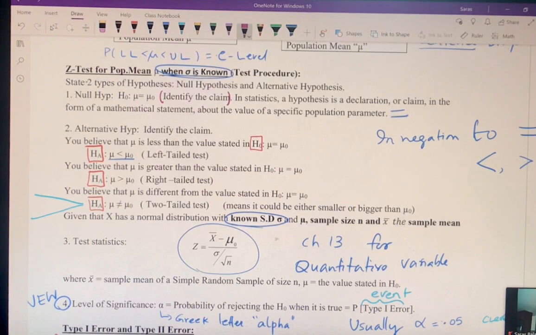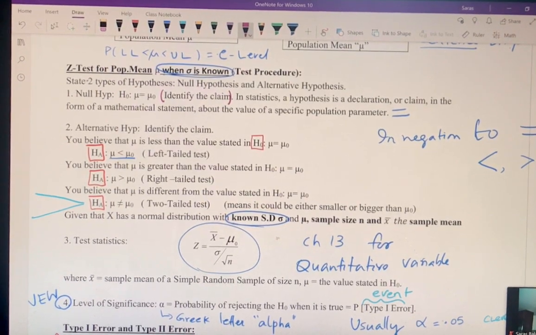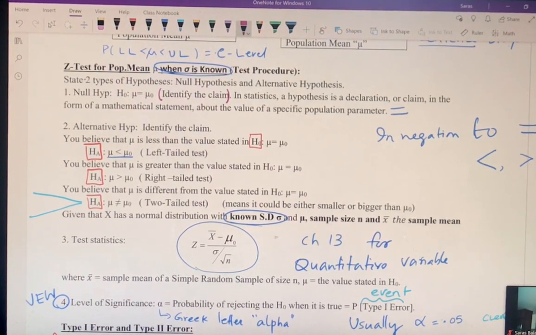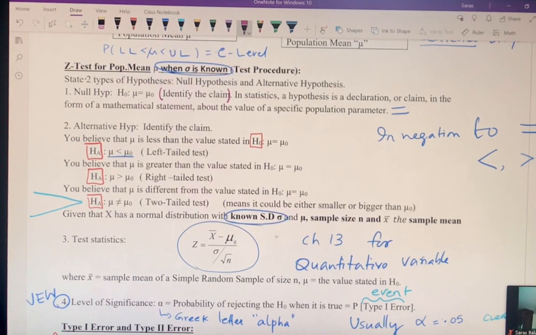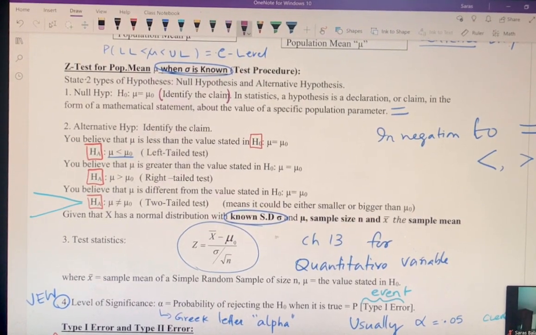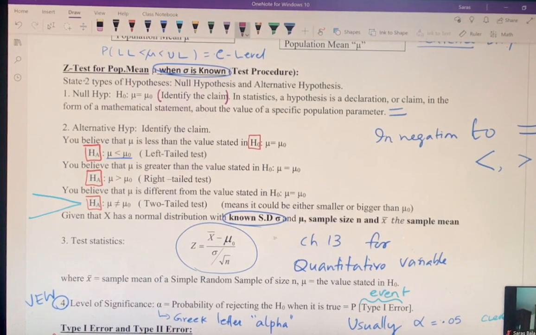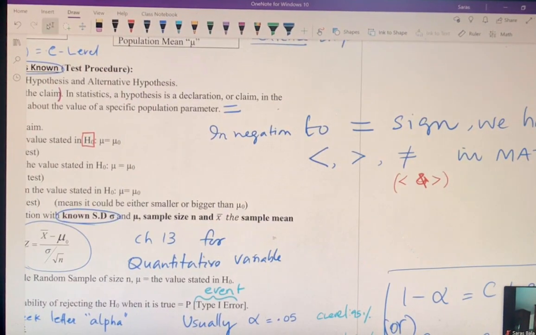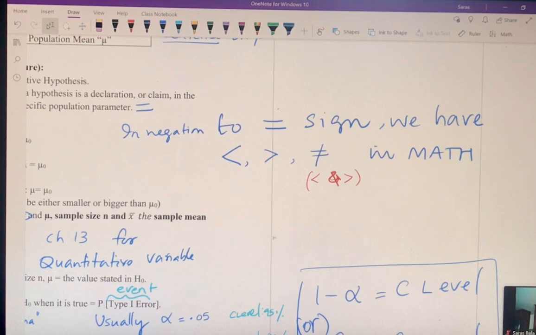All right. In statistics or in math, if we have a statement, then in negation to the equality sign, we are given three signs. What are they? One is going to be less than, the other one is greater than, and the third one is not equal to.